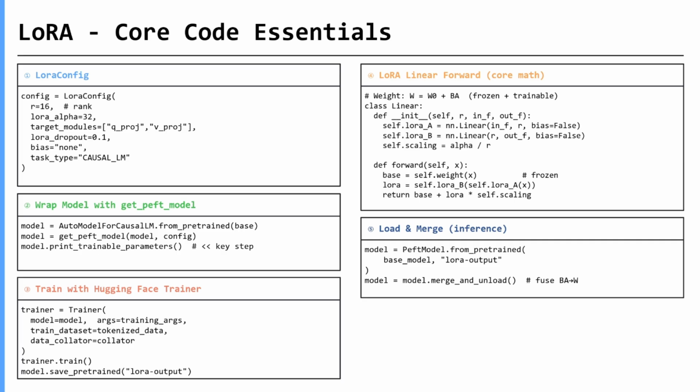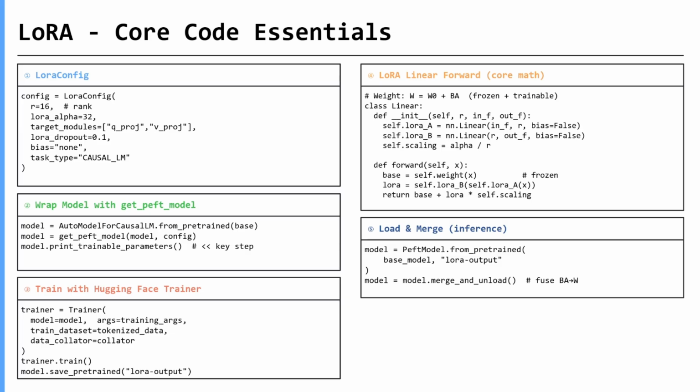After training, you save the model with model.save_pretrained, and the saved checkpoint is incredibly small. And this is the most interesting part of LoRA.